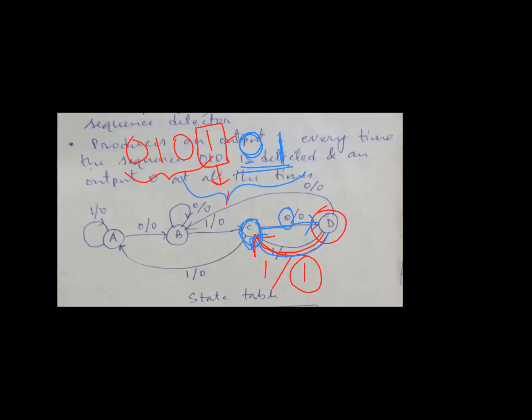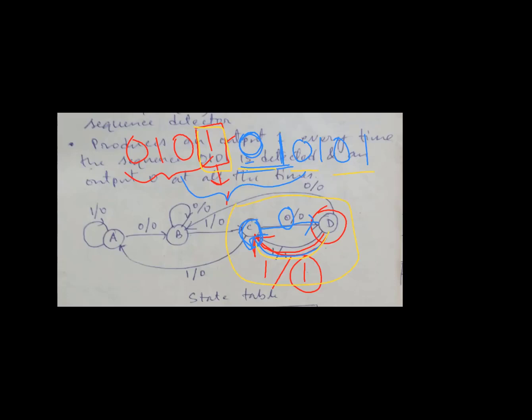That means if we put 0 1 0 1 0 1 in this way, then your sequence always repeats. That is, for the last bit 1, if we go back to C, then for 0 1 0 1 0 1, it creates a loop which simply repeats the sequence.